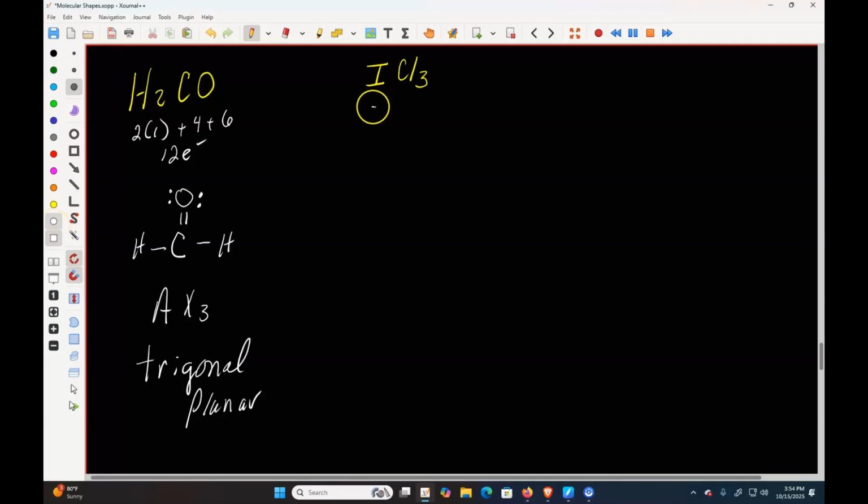Okay, iodine has 7, and chlorine has 7. So 4 times 7 is 28 electrons. Let's start populating electrons.